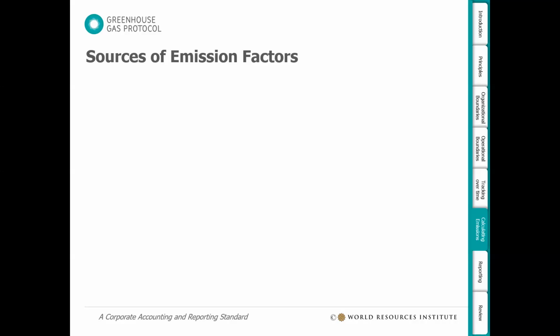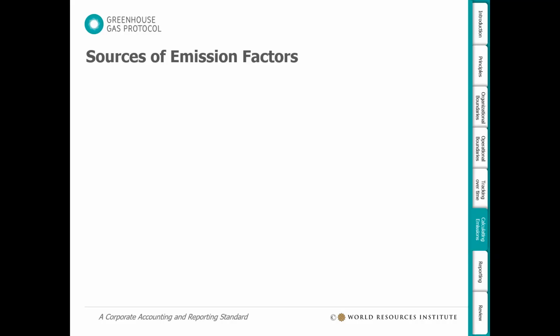Emission factors can be developed using data from periodic sample testing, control equipment specifications, product data sheets, or emissions models, for example. So one way to improve the accuracy of emission factors for all kinds of gases and sources is to develop site-specific factors. And that will then require testing at the source in a representative variety of operating conditions, and then using the test data to develop an emission factor for that source.